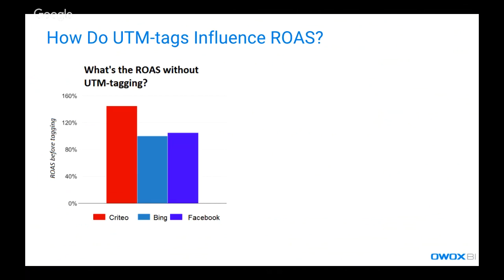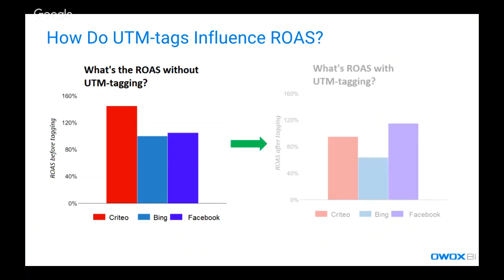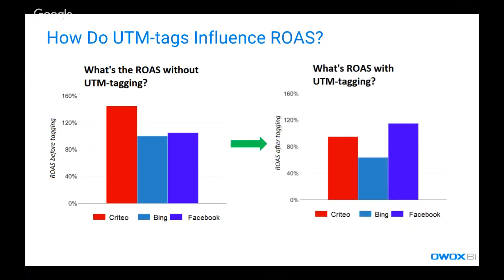Some revenue and part of the cost can be attributed to other sources, like some domains, and you won't see the whole picture. And after you fix all your links, you can see a different chart. ROIs can increase or decrease, it really depends on your data. But you should understand that every decision that you make using incorrect data could lead you to really unexpected results.